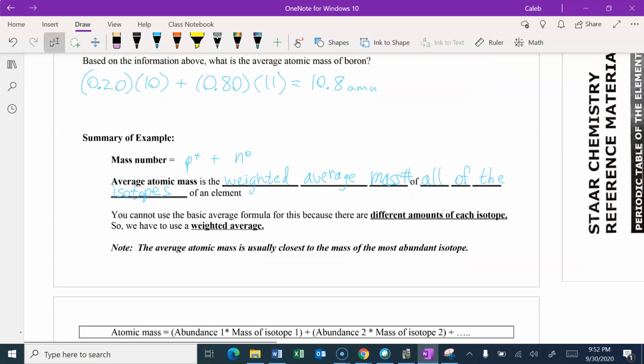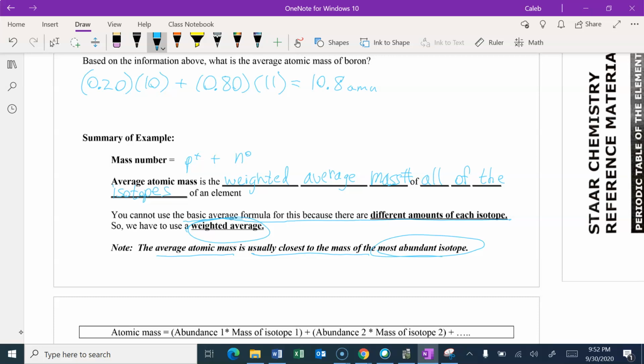You cannot use the basic average formula for this because there are different amounts of each isotope. That's why we have to use a weighted average. Note, the average atomic mass is usually closest to the mass of the most abundant isotope, so the one with the greater percent.